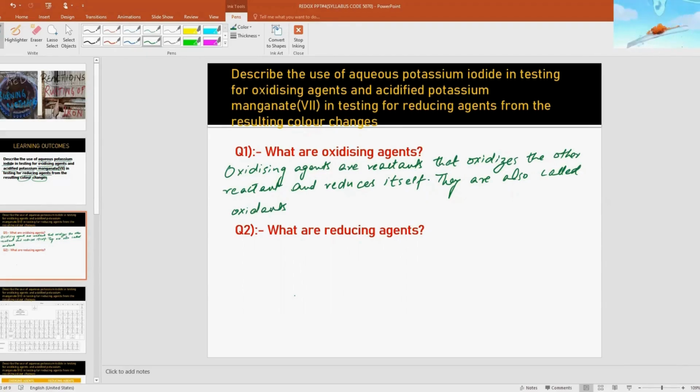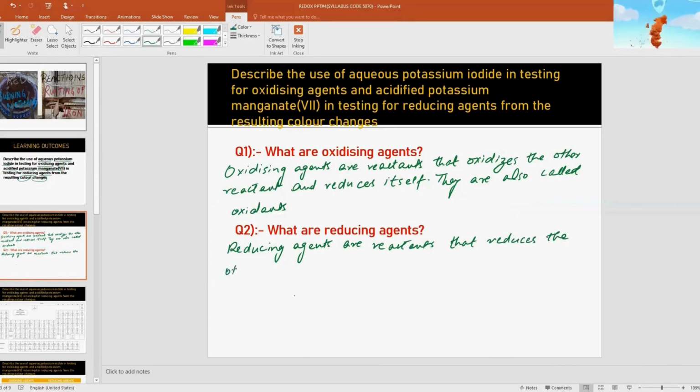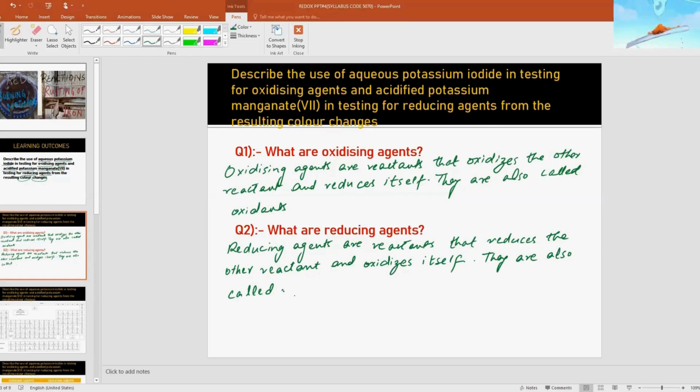Reducing agents are reactants or species that reduce the other reactants or species and oxidize themselves. They are also known as reductants.